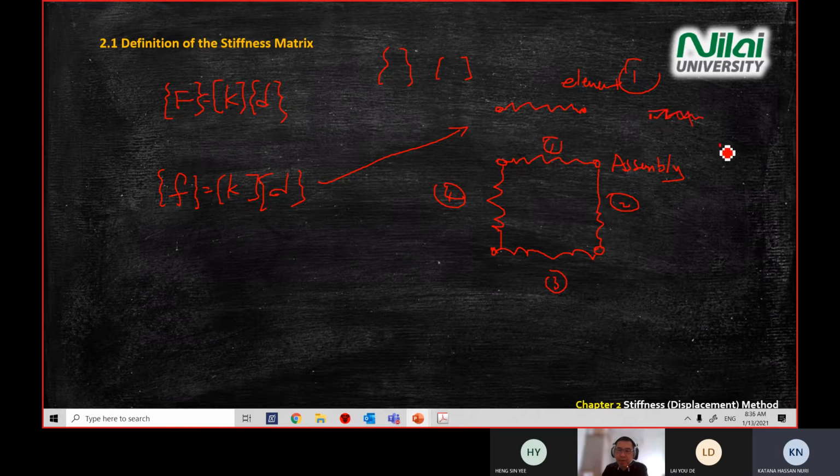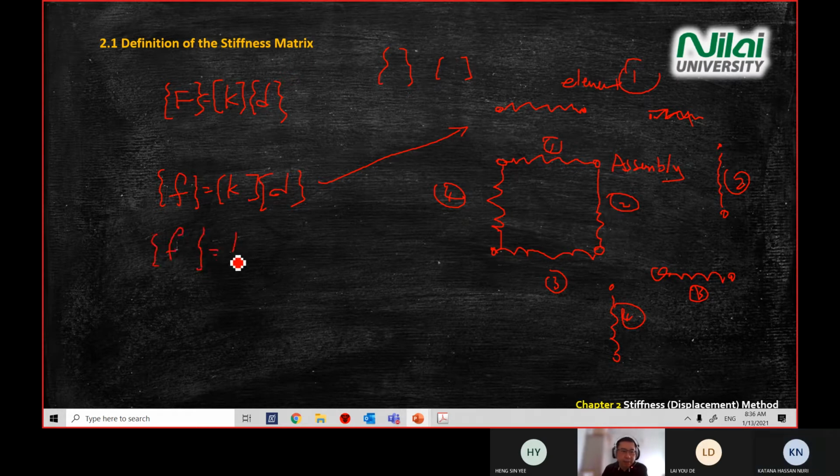Element 2 will be like this. Then element 3 will be like this. You break the system. Okay, element 4. Then you write the equation with the small f, k, d, and this one represents the first one. This one represents the second one. Meaning you will have 4 sets of equations if you have four springs like this.